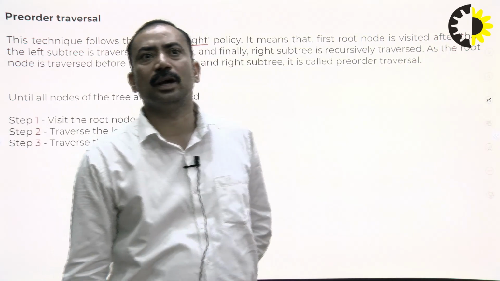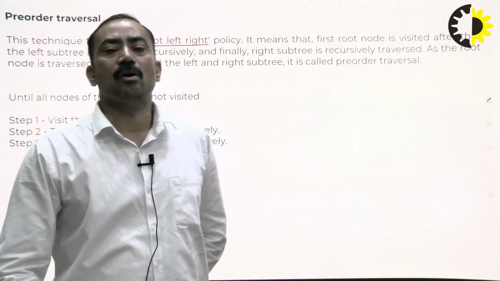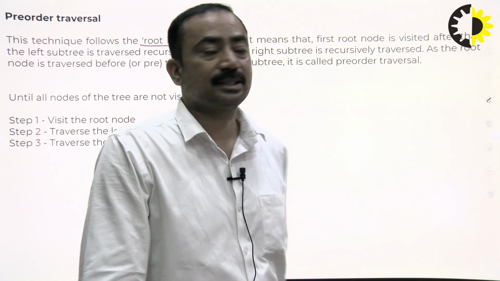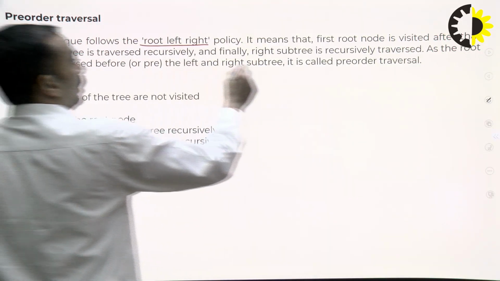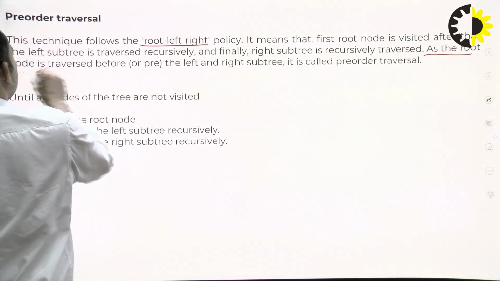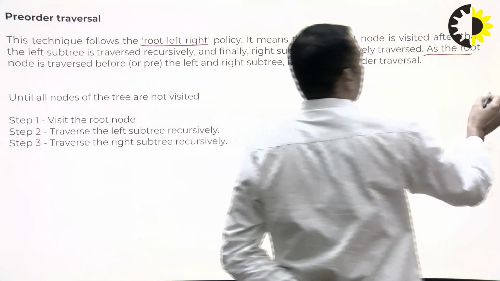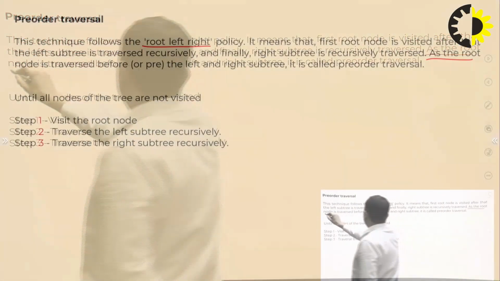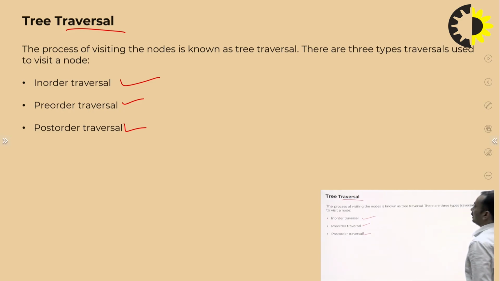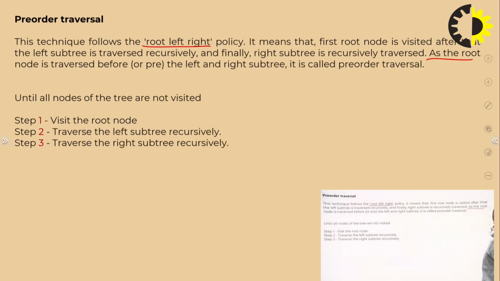As the root node is traversed before, or pre, the left and right subtree, it is called pre-order traversal.